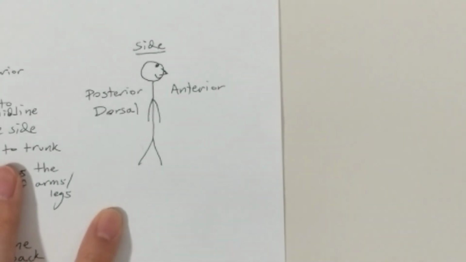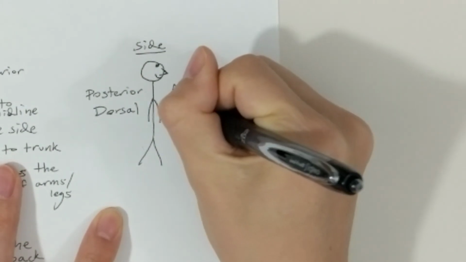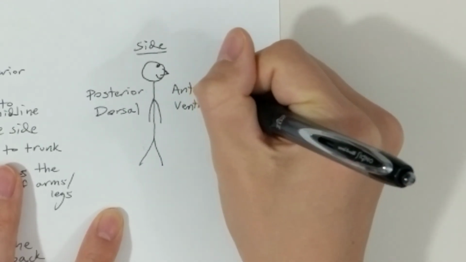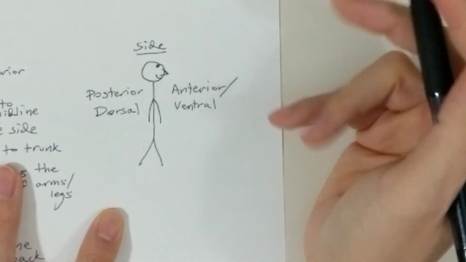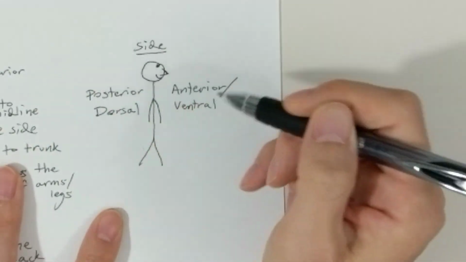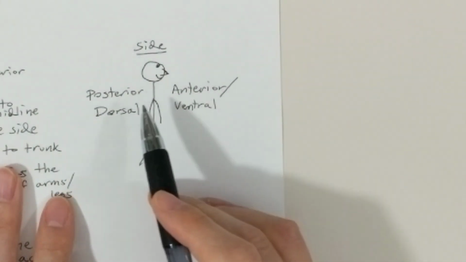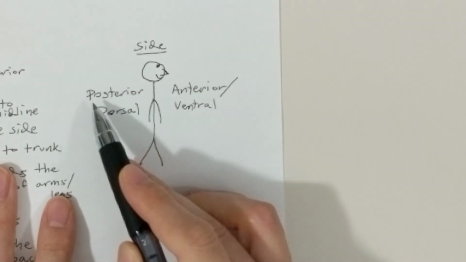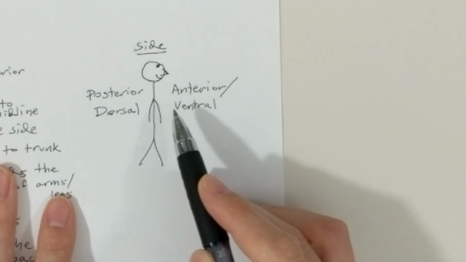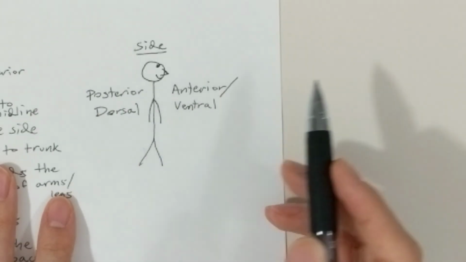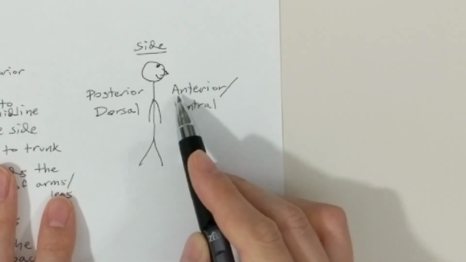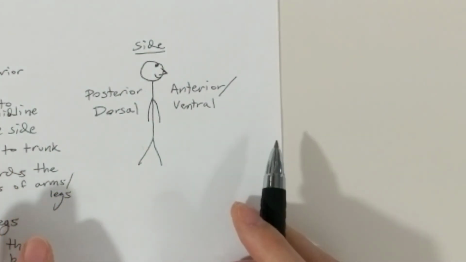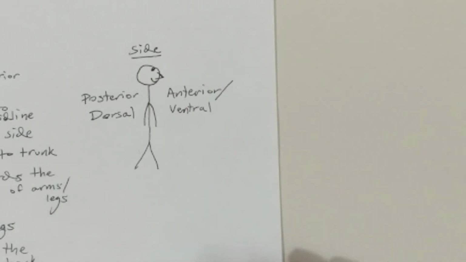Same thing is true with ventral. So you can refer to the front surface of a person as the anterior surface or the ventral surface. It's the same thing. So to use these in a sentence, let's say my spine is posterior to my sternum. Something like that. My shin is anterior to my calf. All right, that is directional terms.